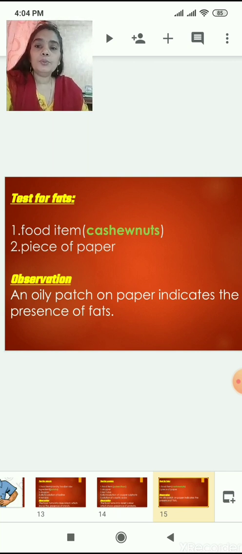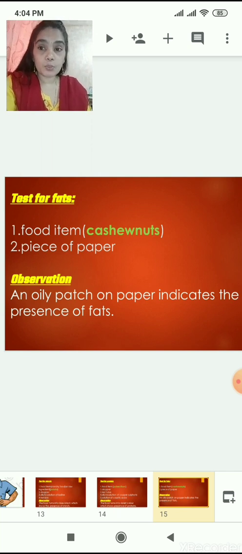This test confirms the presence of these nutrients, that is carbohydrates, proteins and fats. So we tested these food items. There are also other nutrients, as we learned. What are the other nutrients?